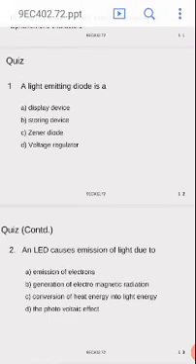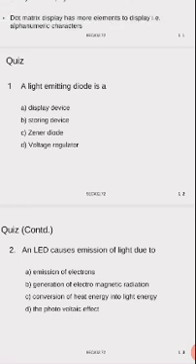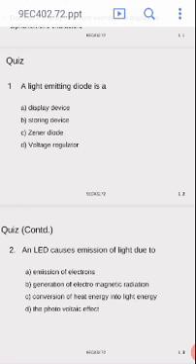Option B, generation of electromagnetic radiation. Option C, conversion of heat energy into light energy. Option D, photovoltaic effect.